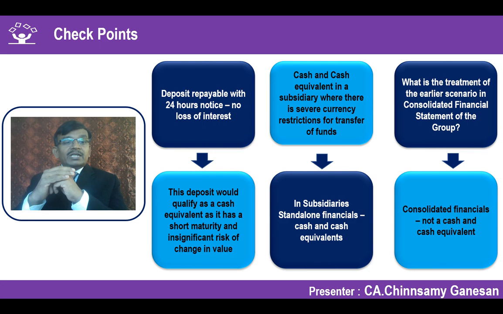Accordingly, it is not short-term as far as the group is concerned when it prepares and presents consolidated financial statements. And accordingly, the cash equivalent of a subsidiary will not necessarily become a cash equivalent in the consolidated financial statements as well.